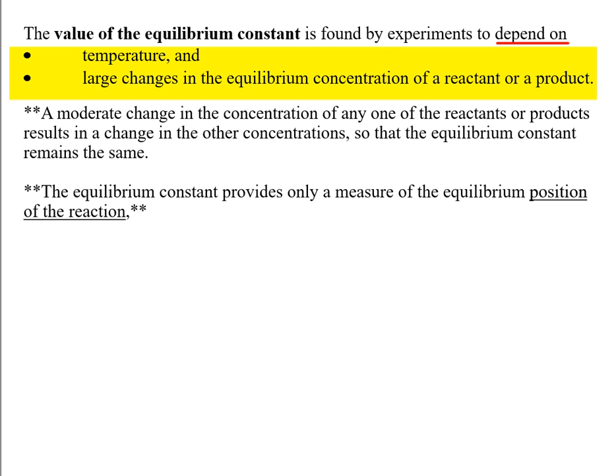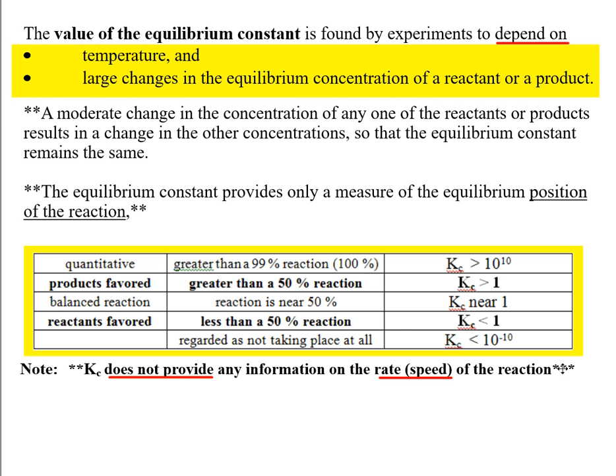The equilibrium constant provides only a measure of the equilibrium position of the reaction. For example, if the Kc value is greater than 10 to the power of 10, it is a quantitative reaction, meaning that greater than 99% of the reaction is happening. We will completely use up all our reactants and make product.